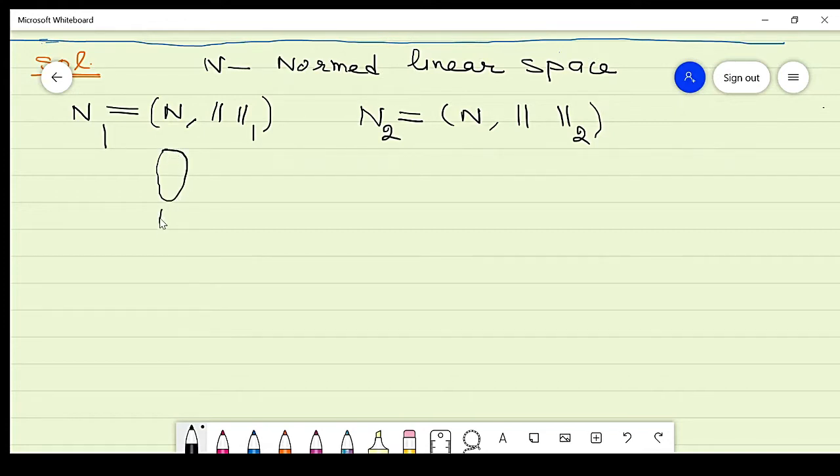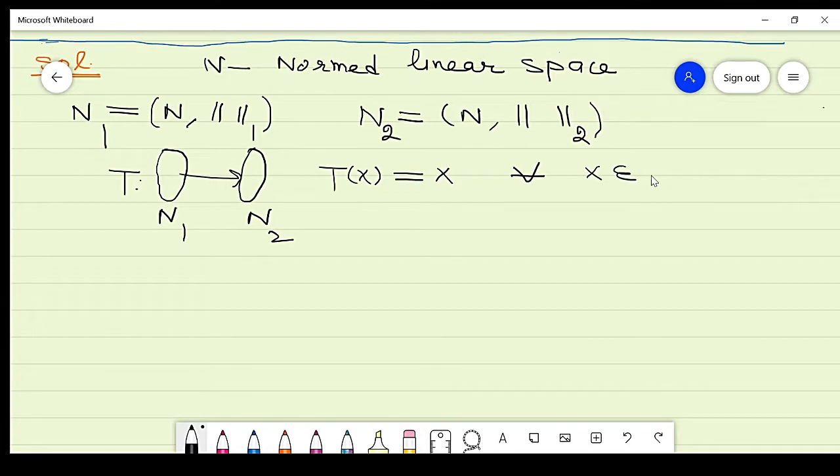This is N1 and this is N2, and T is a mapping from N1 to N2, defined by Tx equal to x for every x belongs to N1, but we can also write it as x belongs to N because the vectors are from N. Now this T is an identity operator, so it is a linear transformation, number 1, because identity operators are linear transformations.